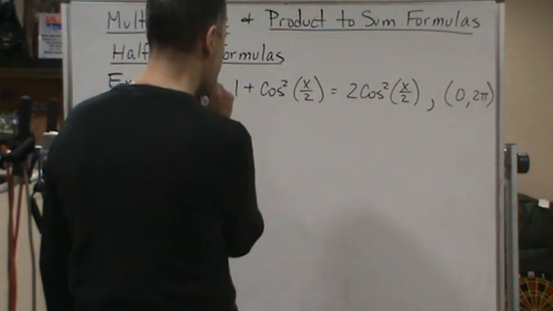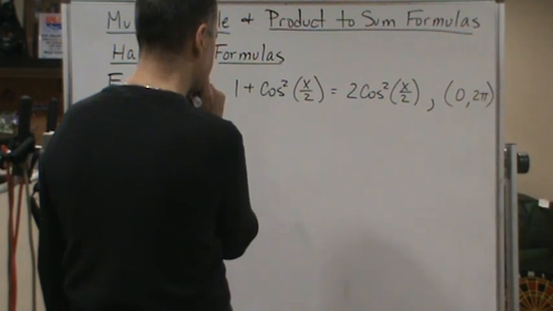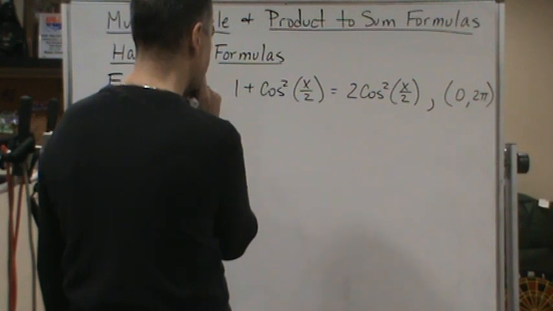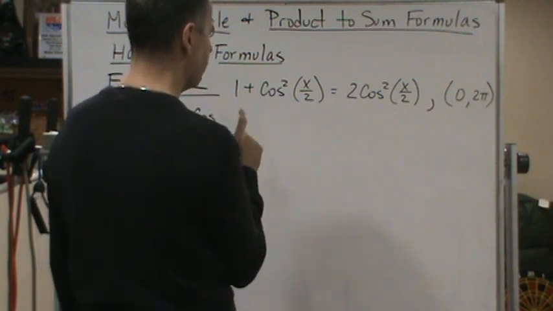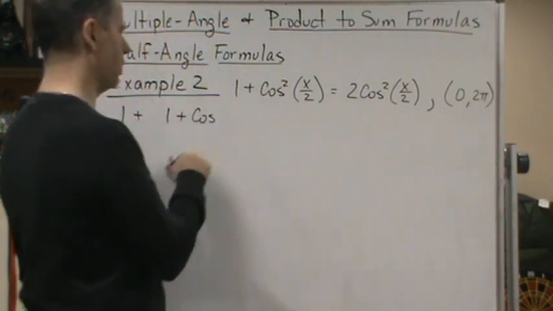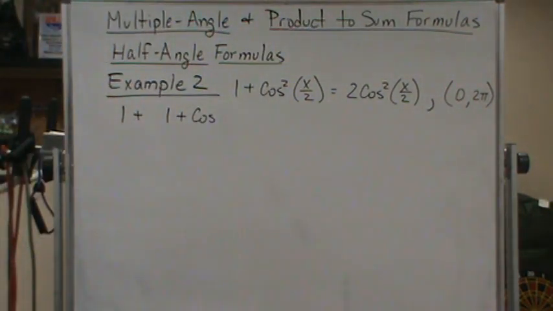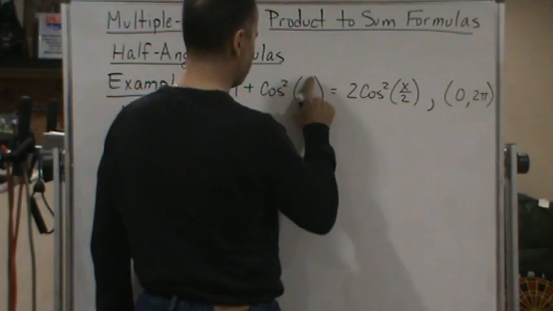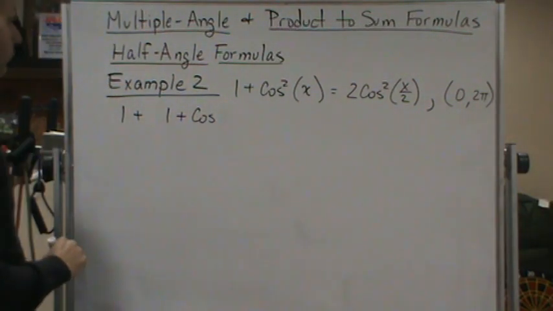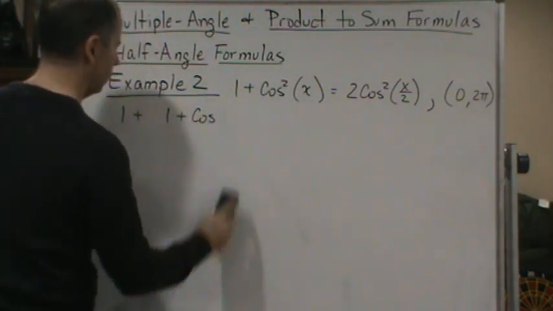But let me look at this. Yeah, I think there's a typo here because this would just be one. Yeah, I think this is just supposed to be x. I think there's a typo here. I think this is just supposed to be x.